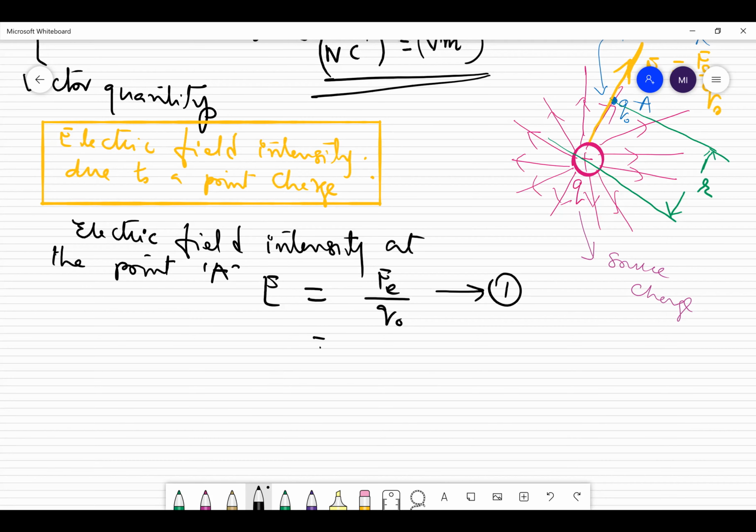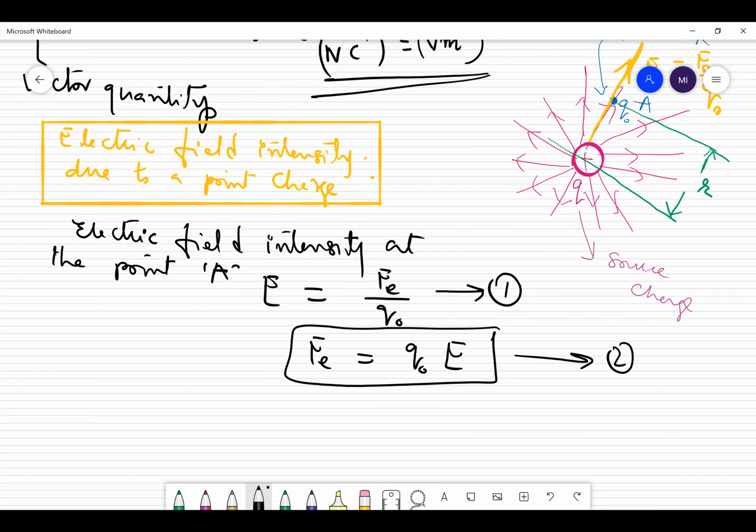So I can find an equation for the electric field intensity as F = Q naught times E. What does this mean? That the electrostatic force between the two charged particles is equal to Q naught times the electric field intensity at that point.